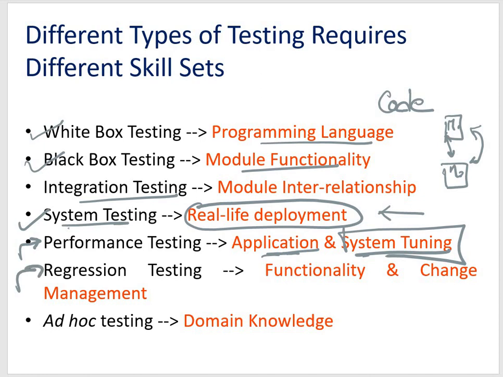Then we have regression testing, right? This deals with functionality and change management. Regression is something which is done at the end, post deployment. Post deployment, if I get to know that there are some problems with the application, then I'll go for updation, and then for regression testing.